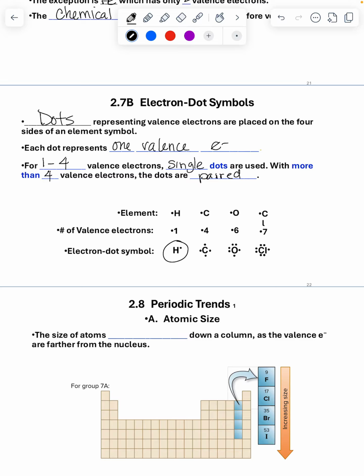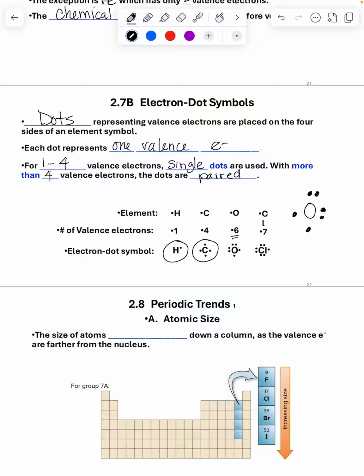If I were drawing the electron dot structure for oxygen, I would put the symbol, and I would look at the periodic table and know that it has 6 valence electrons, so I would start putting the electrons around until I got the 4 all the way around, and then I would start pairing them up until I got to 6. And so it would look something like this. Electron dot symbols will become important to us when we start looking at different shapes.